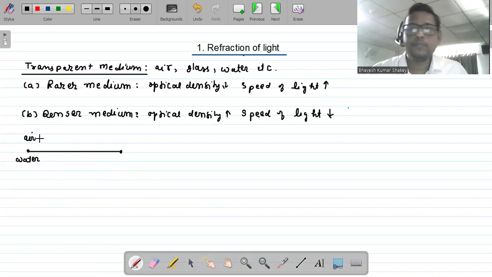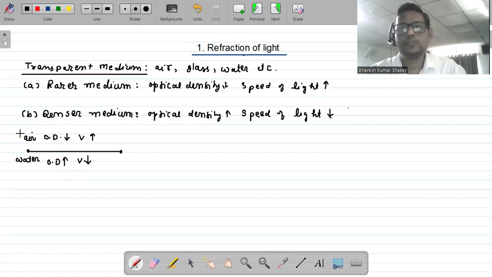Now, if I compare air and water, because optical density of air is less as compared to water, the speed of light is more in air. Optical density of water as compared to air is more, so speed of light will be less. So I can say that if I see these two media, air is a rarer medium and water is a denser medium. Okay, understand?